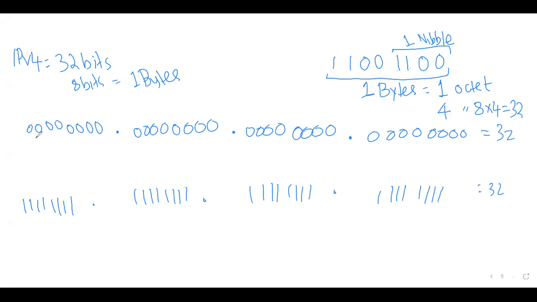For example, what could be the next number? All zeros, then this would be 1, which is equivalent to 1, because this is 2 raised to 0, this is 2 raised to 1, 2 raised to 2, 2 raised to 3.